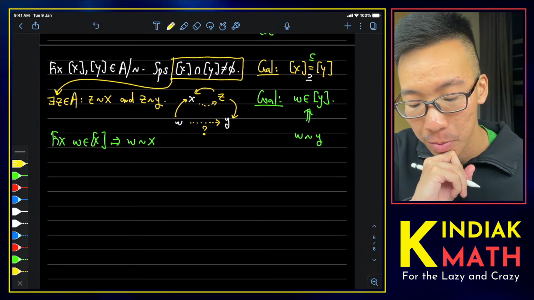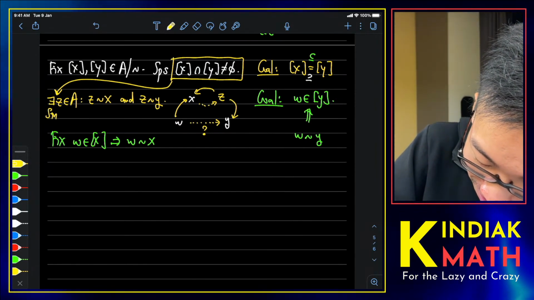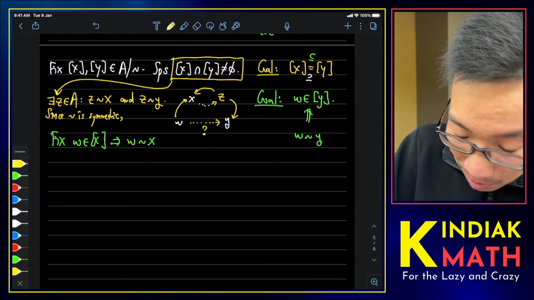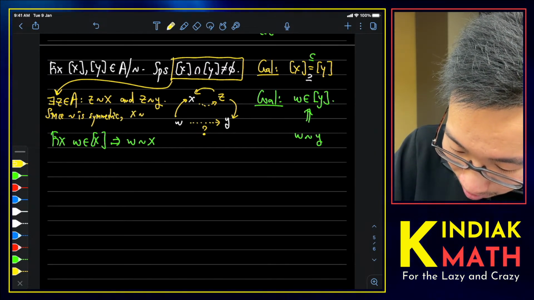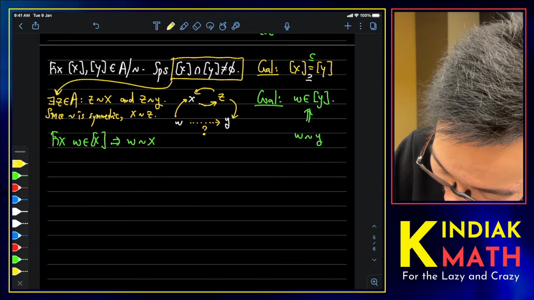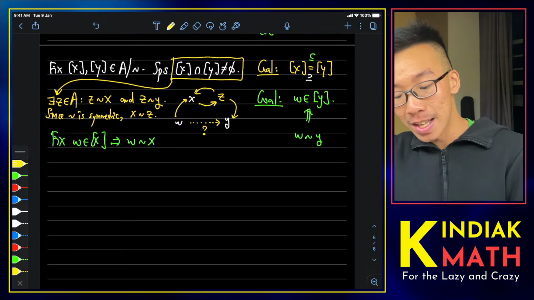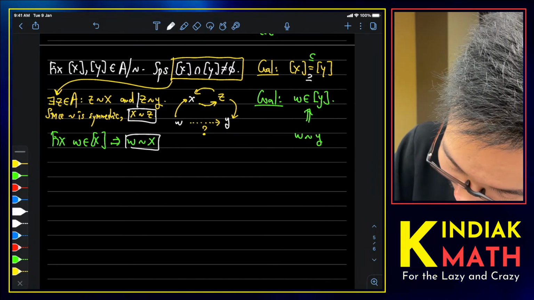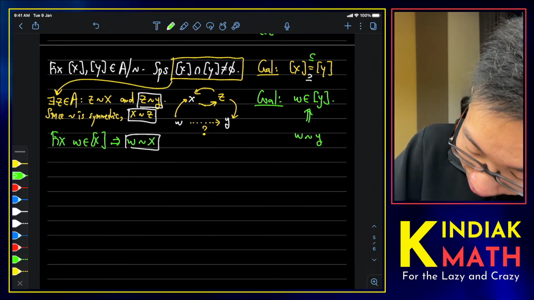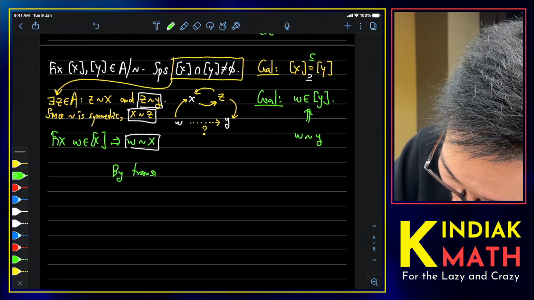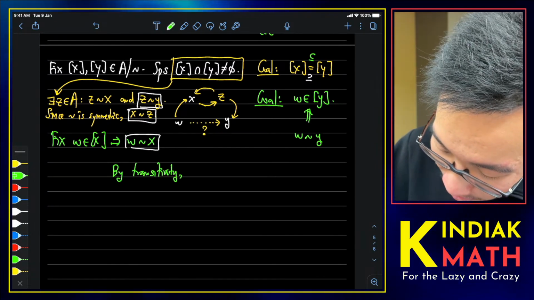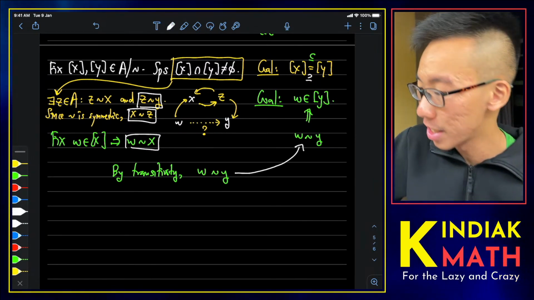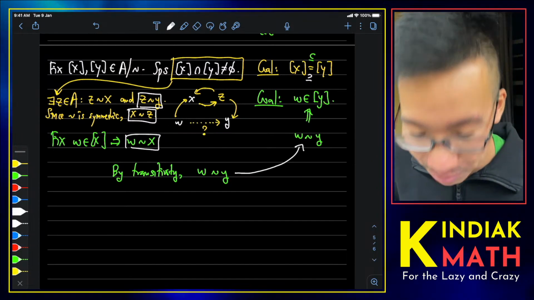Well, we know that tilde is symmetric, and this implies that X will be related to Z. So this allows us to chain these up and say that by transitivity, W is related to Y, which is precisely what we aimed to prove.